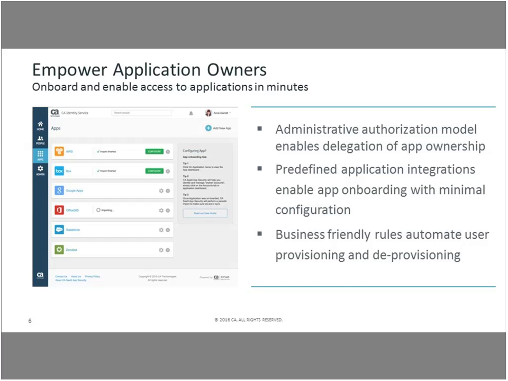And they're able to do this through a business-friendly rules engine that automates that provisioning and deprovisioning of accounts and entitlements, rich entitlements. And as people within the organization change roles, the rules will automatically fire to deprovision what they shouldn't have and provision what they should have with their new roles.